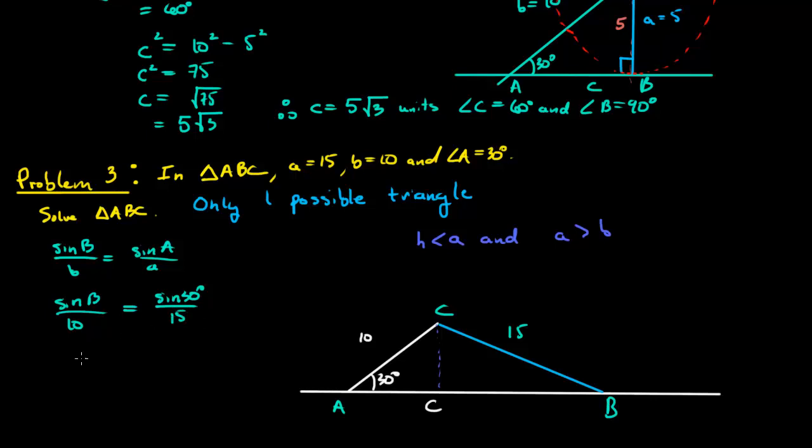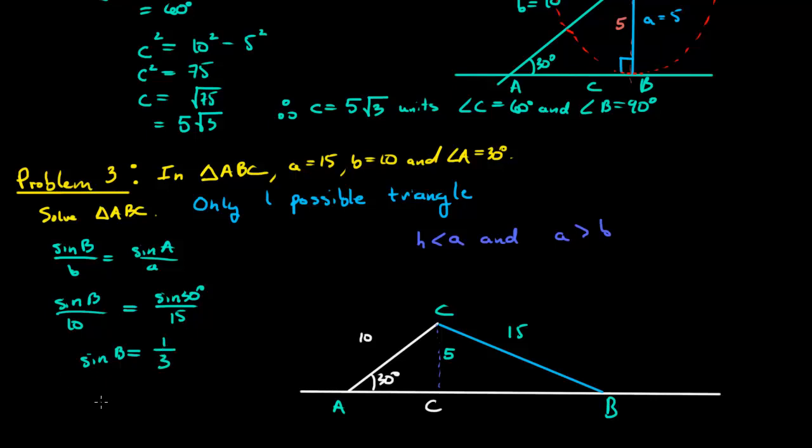And I can multiply both sides of the equation by 10. So I get that sine of B is equal to 10 sine 30 over 15. 10 sine 30 is 5, which we've seen before. So the height is actually 5 units here. So we have 5 over 15, which is 1/3.